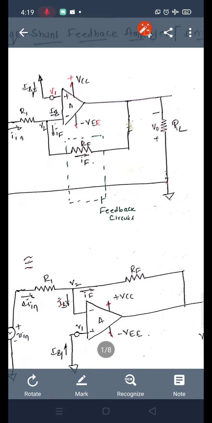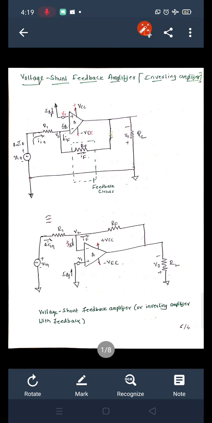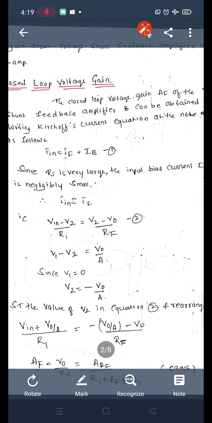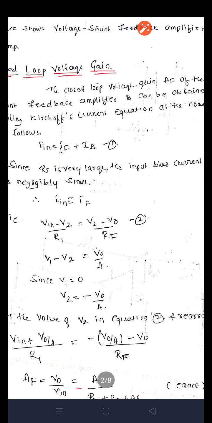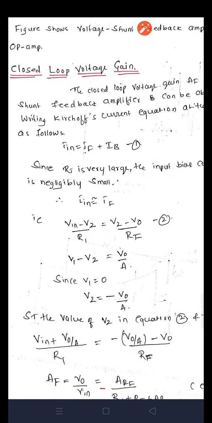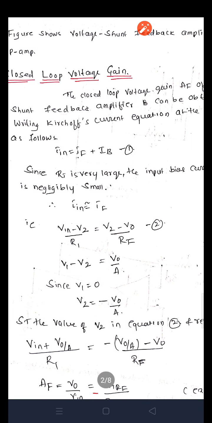Therefore, the input current is equal to the feedback current. So Vin minus V2 divided by R1 is equal to V2 minus V0 divided by RF.